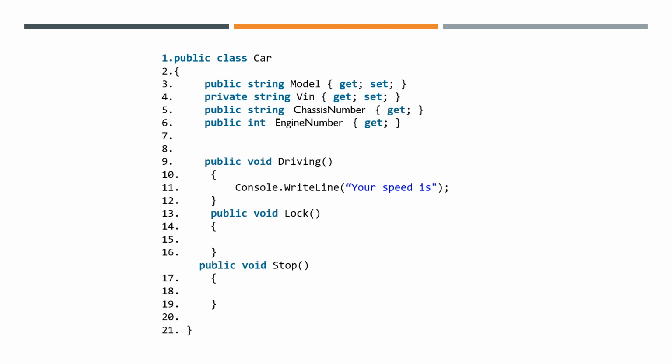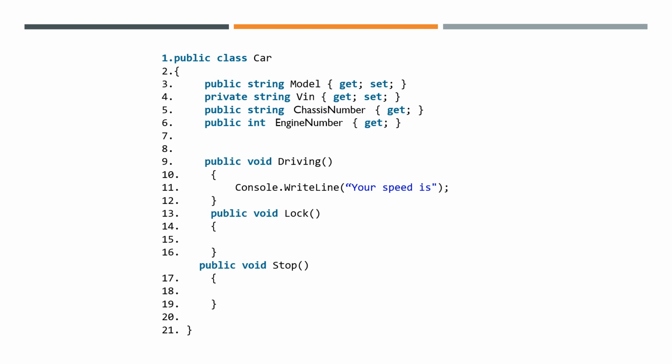A class is a car which has some attributes and which has some operations. Any operation will be defined by a method, because an operation has some functionality. Functionality means driving is associated with some implementation. Whenever you put your key and start it, the car gets started, right? We don't know the implementation behind it.